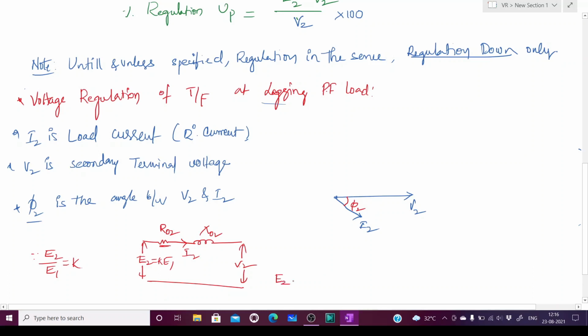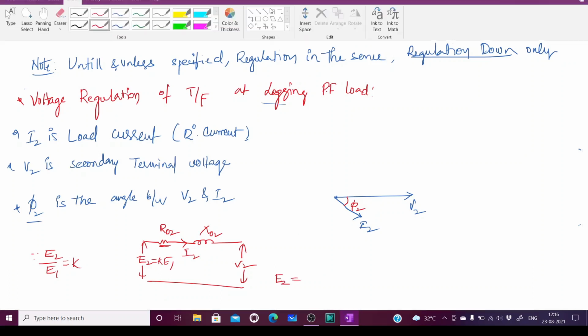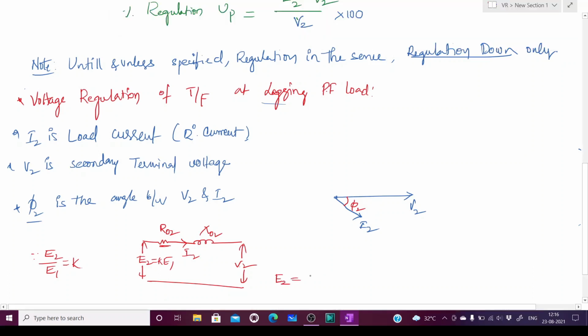Now from the circuit, E2 can be written as I2 into R02 plus j into I2 into X02, since the reactance component adds a 90 degree shift, plus V2. So this is the expression for E2.